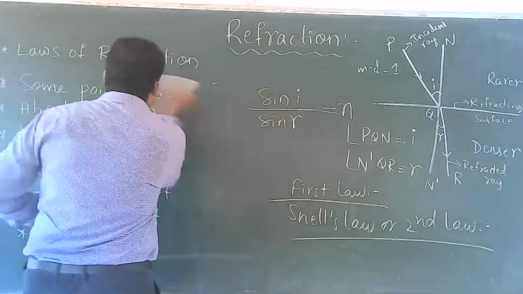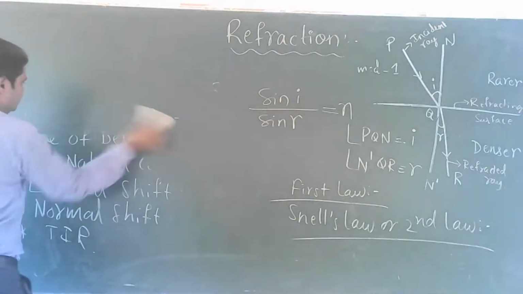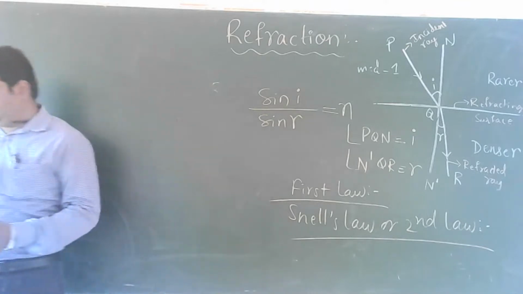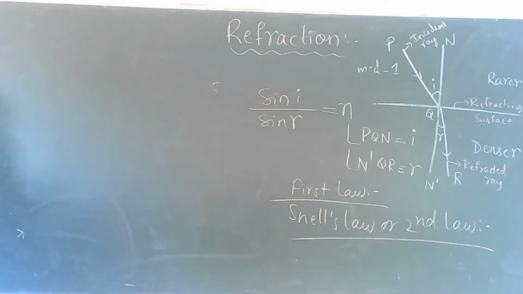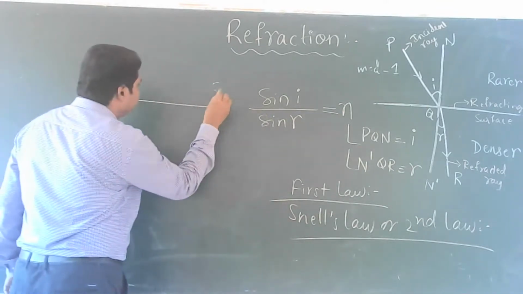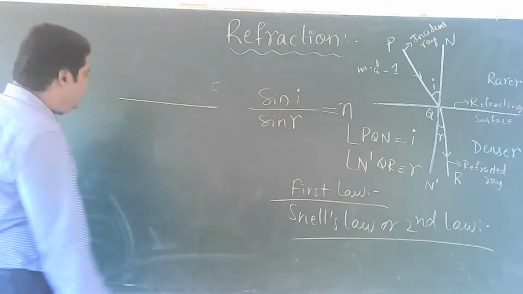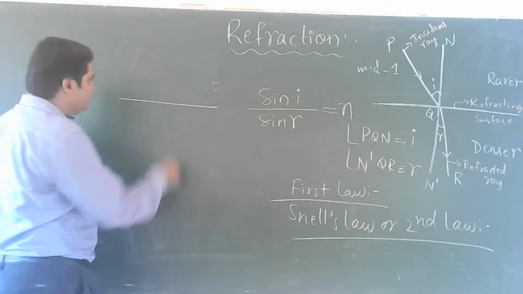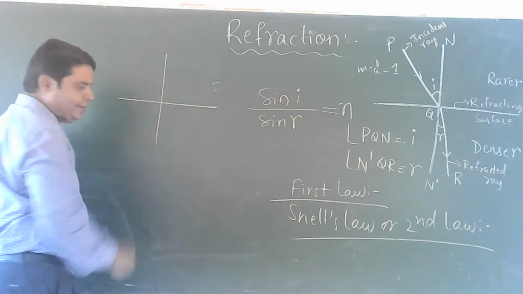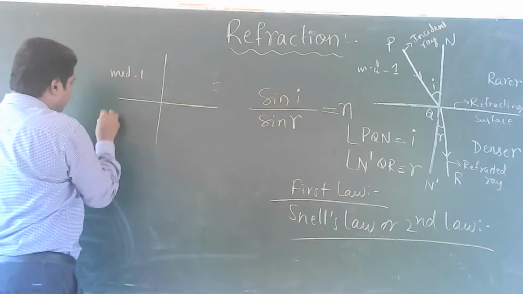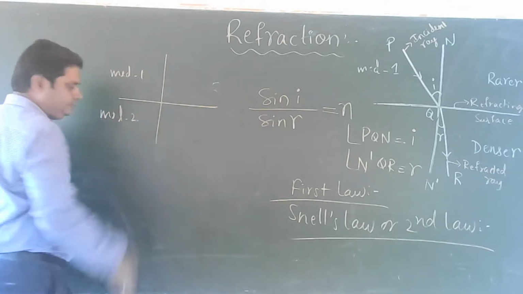For example, see. Let us consider a refracting surface, an interface separating two media, medium 1 and medium 2.